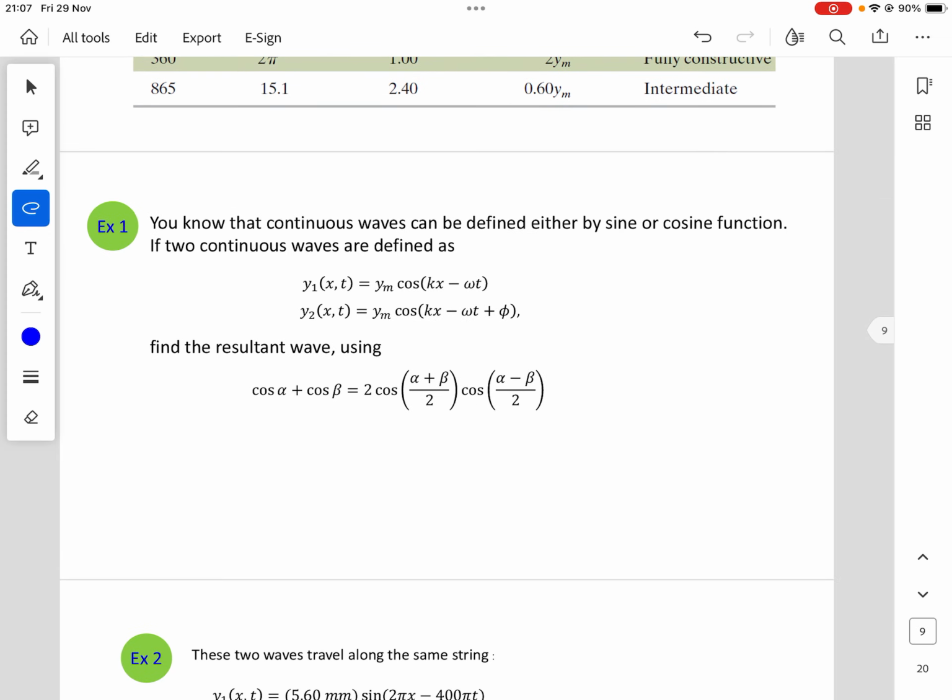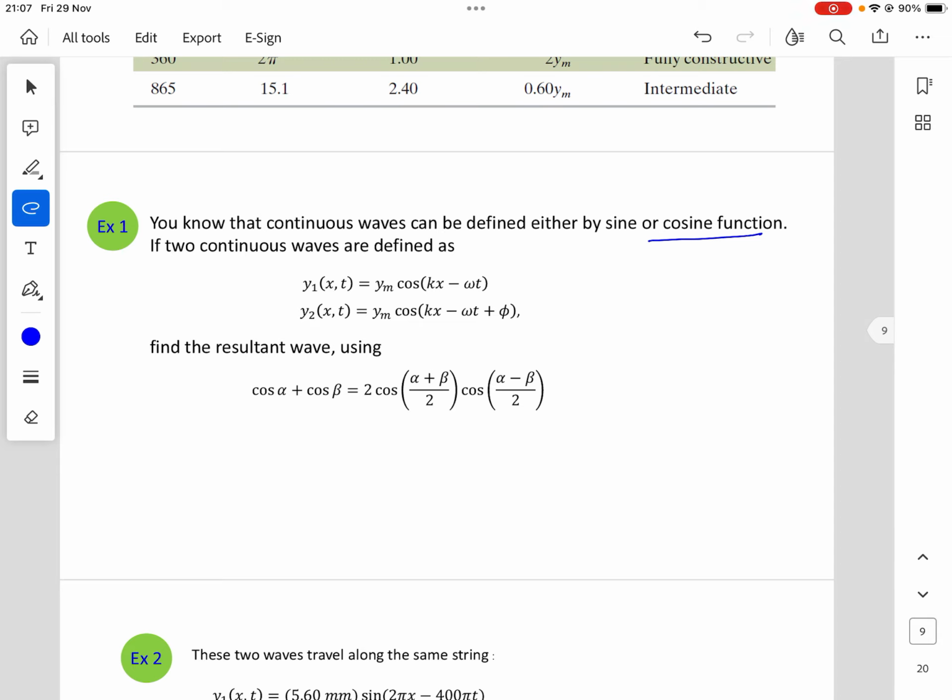And okay, we have some exercises that you're going to try by yourself. I will give you the solution for all the exercises, but let's try. Okay, the first one: you know that a wave can also be defined by the cosine function.